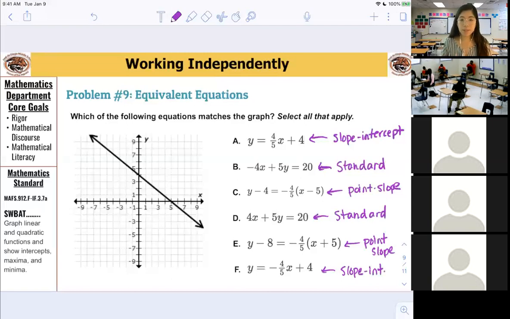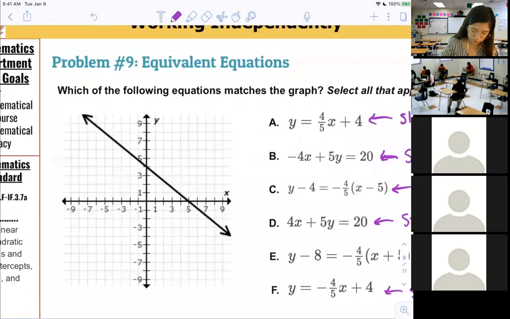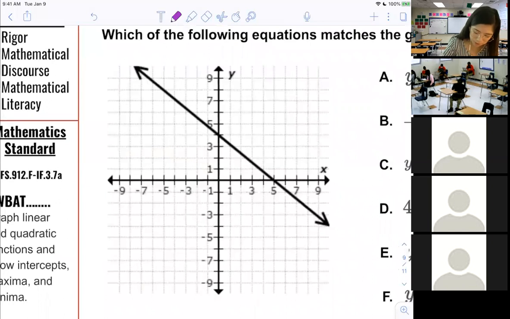So I think the best strategy is going to be first to look at the slope because that's going to help me eliminate a few answer choices. Then I'll look at the y-intercept because that'll also help me eliminate some answer choices. And then finally for point slope form, I'll look to see if the point matches. So starting with slope on this graph, I'm not even going to look at my choices yet.